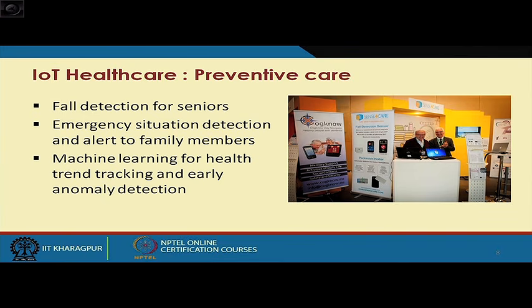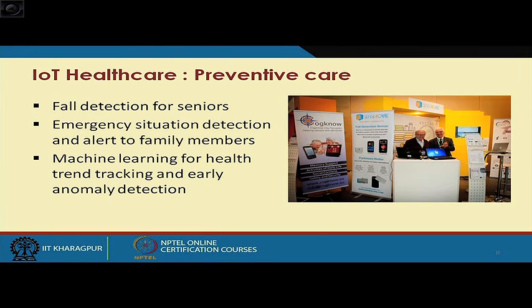If an emergency situation occurs, such as the senior citizen falling down at home, then with a proper IoT healthcare system in place, the person's family or relatives could be informed about this event.